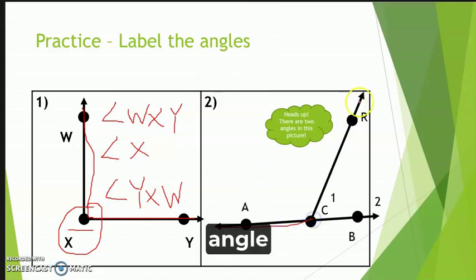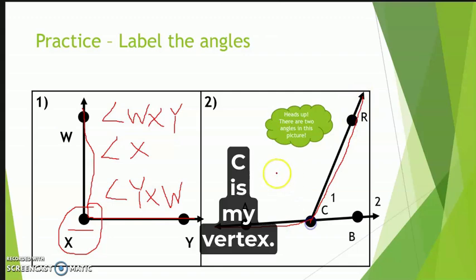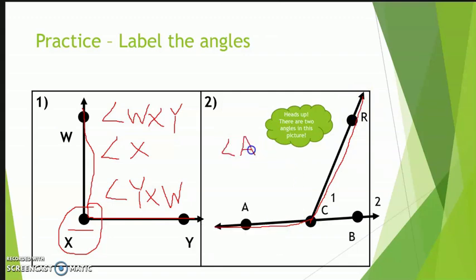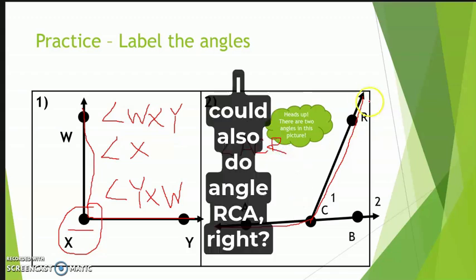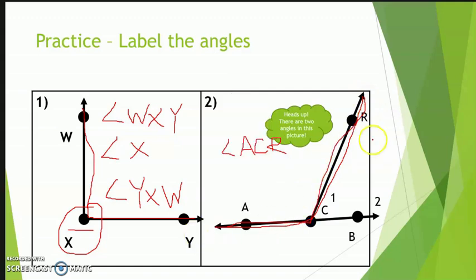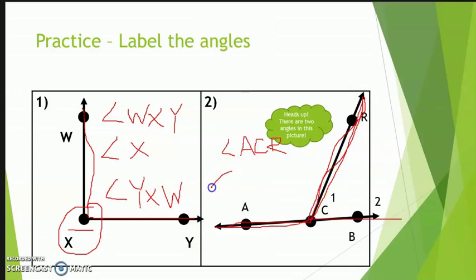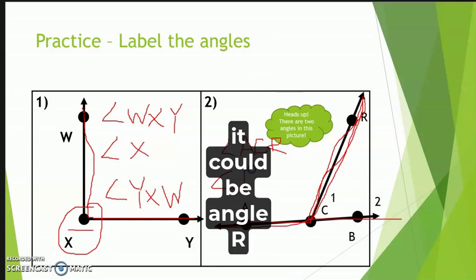So if I do this angle, C is my vertex, so I could do angle A, C, R. I could also do an angle RCA, right? Okay, now if I go this way, this angle, it could be angle RCB.